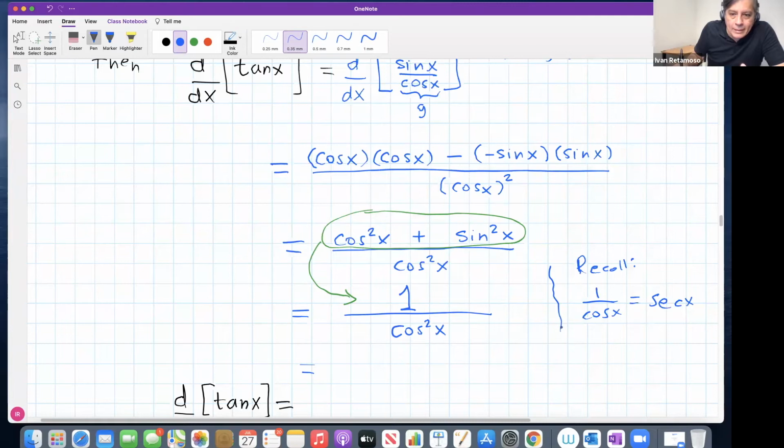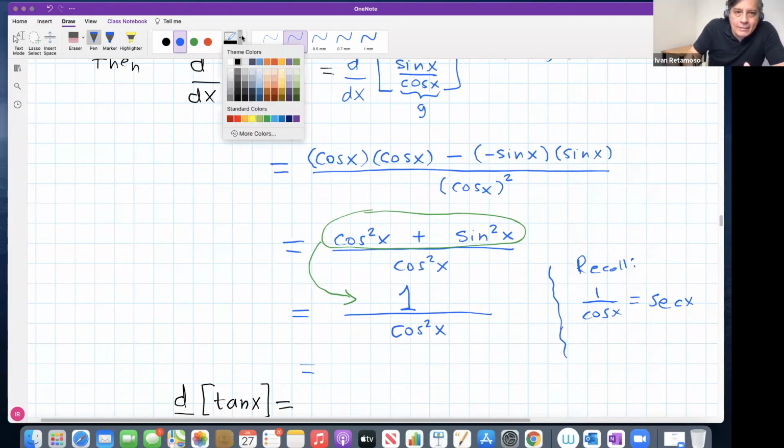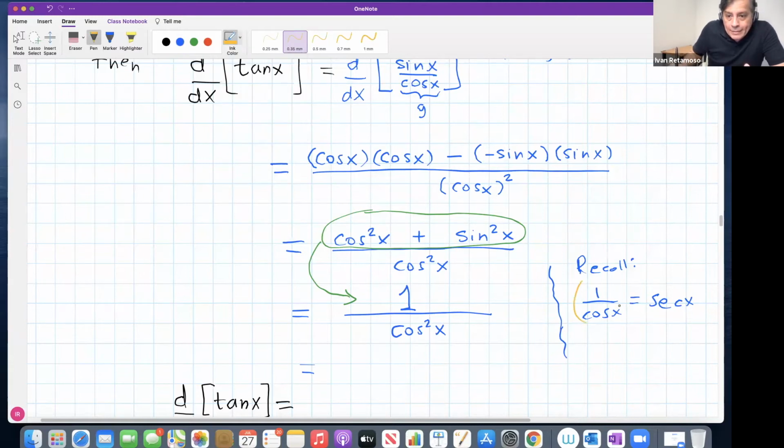Not hard to see that if you square this side and you square the other side, this square should be equal to this square. So 1 square is 1, and cosine square of x should be equal to secant square of x.